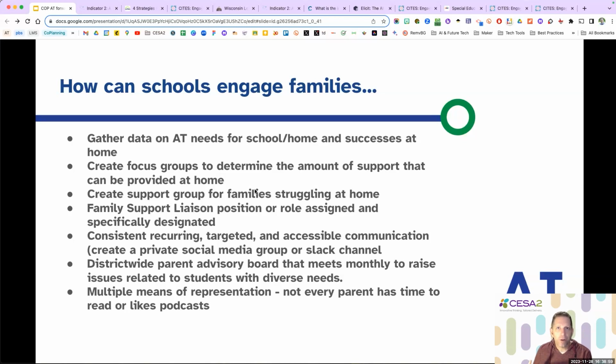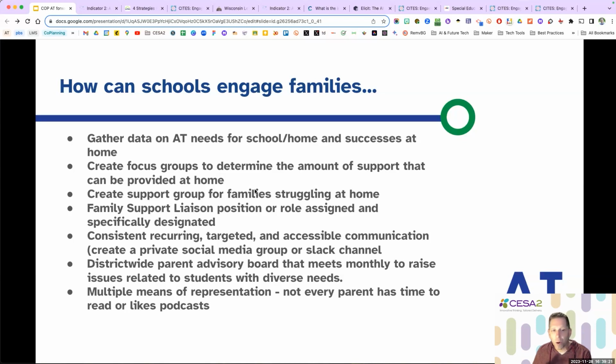If you're going to provide something that might need support, but there's no support at home, then it's going to fail, right? Having that focus group or figuring that out beforehand can help with the decision making. I love this one.